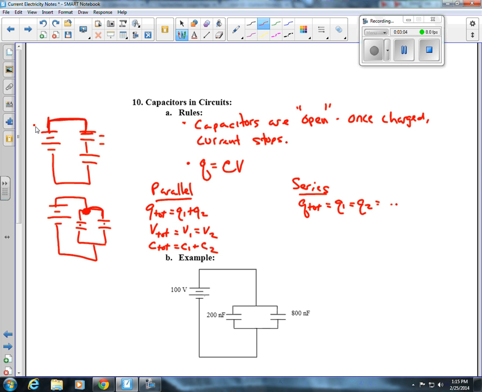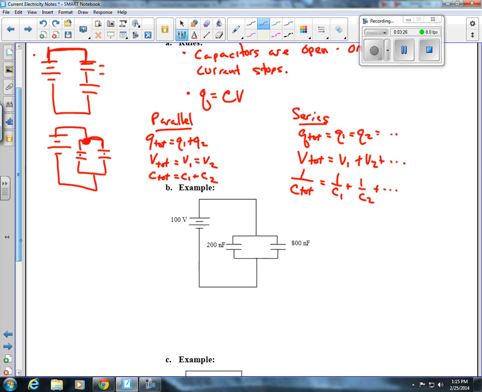So now, when I do my loop, the voltages in those two capacitors have to add to the total. So V total equals V1 plus V2. And like I said, the rules are reversed. So in series, I use the 1 over rule for capacitors, which is what I use for resistors when I do parallel.